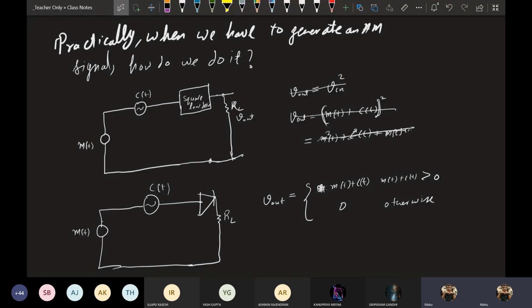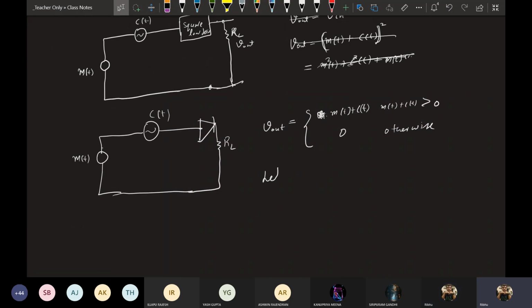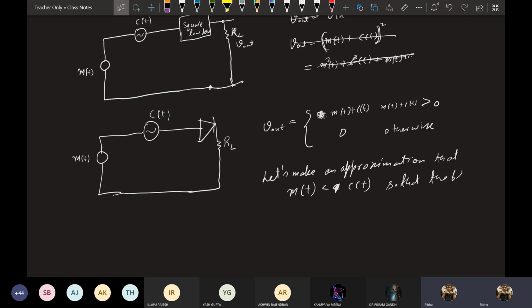So now with this, let's make an approximation that m(t) is much smaller than c(t), so that the behavior of the diode is controlled totally by c(t).